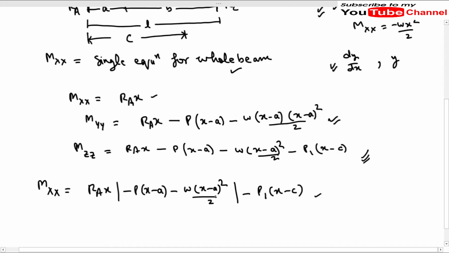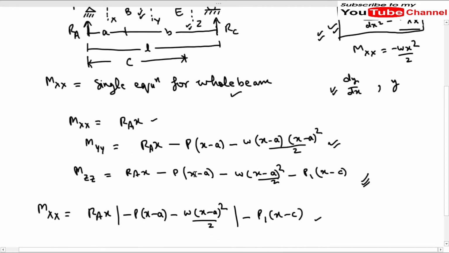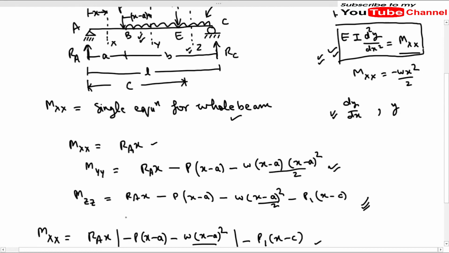Now why have I drawn these vertical lines? These vertical lines show where there is a discontinuity in the section. So this vertical line means that if I want to find out the bending moment at xx, I will only use the terms before the vertical line. Now if I want to find out the bending moment at section yy, I will use all the terms which are before this vertical line.